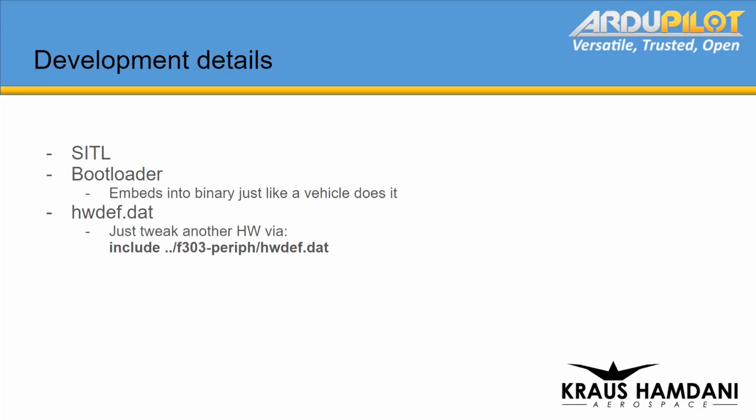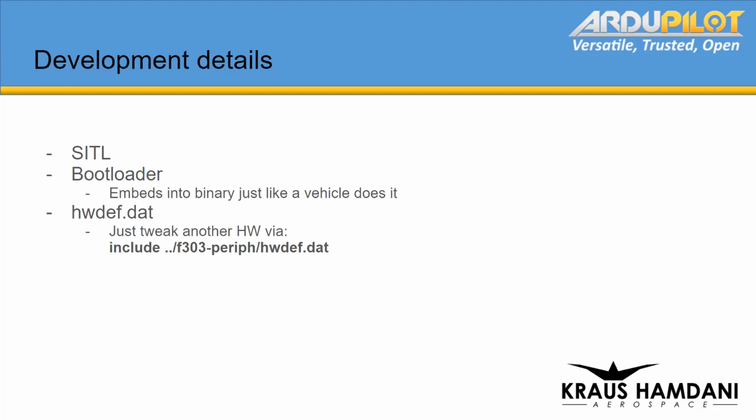But on an H7, the smallest block is 128K. So it doesn't matter if your bootloader gets big, it all takes up the same amount of space, one page. But for targets like the STM32F3s and F4s, if you use an AP periph bootloader, you have to make sure you reserve enough space to be at least 24, or I think it's 26K, or just 32K, whatever. It has to be more than 16, basically.